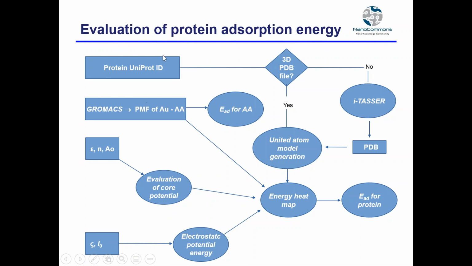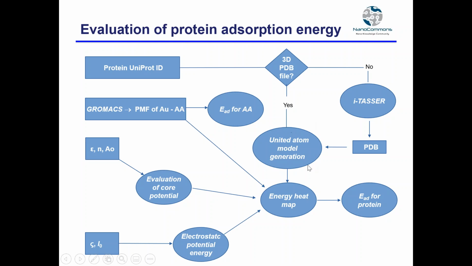Once a user has a protein ID from a database such as UniProt, we can fetch the entire amino acid sequence for the protein. Then the next step is we check whether the 3D structure of this protein exists in the Protein Data Bank. If yes, we just fetch the structure. If not, we generate it using a homology model.